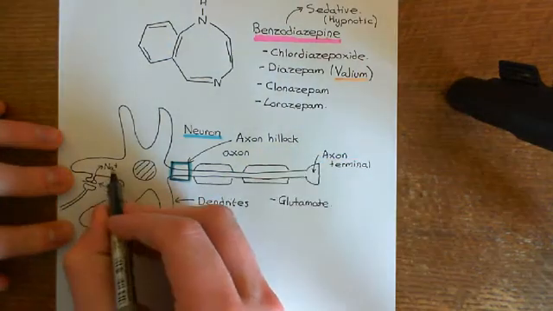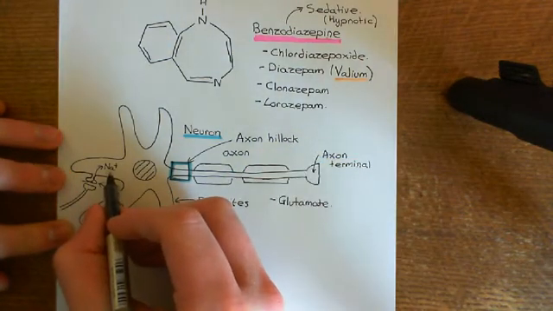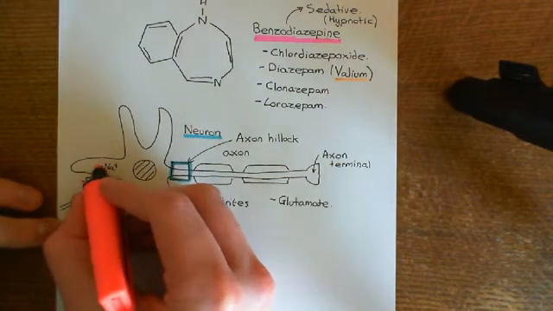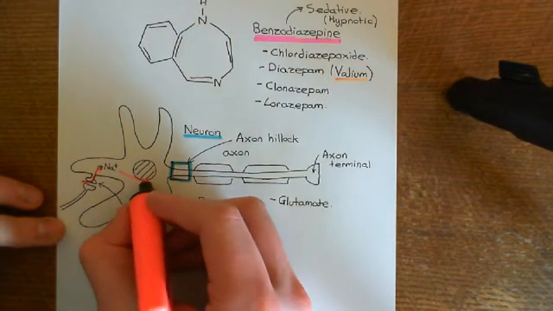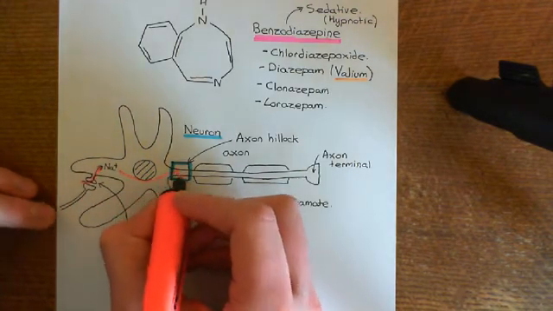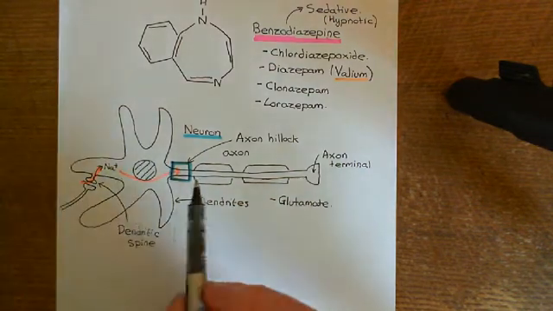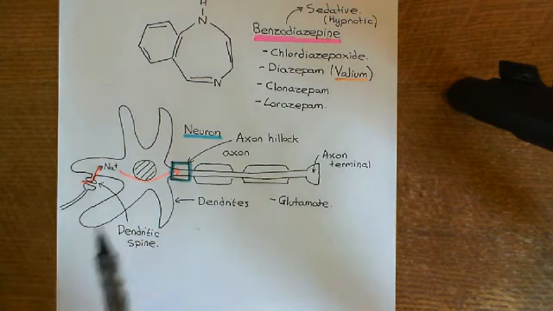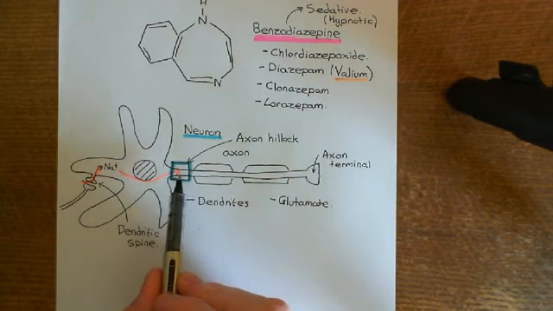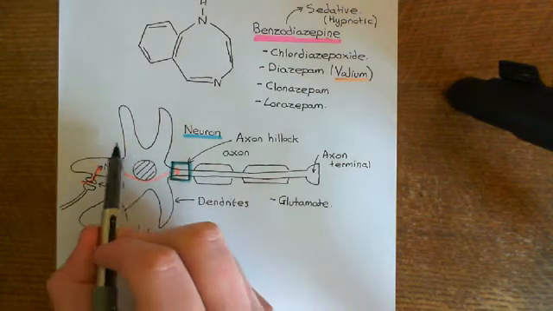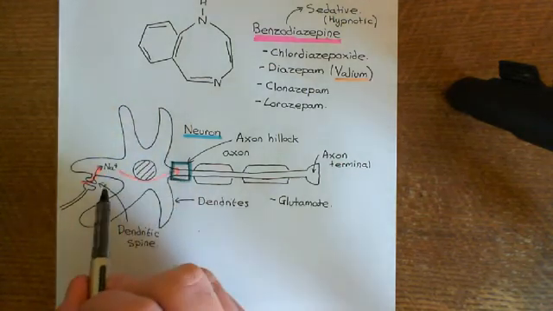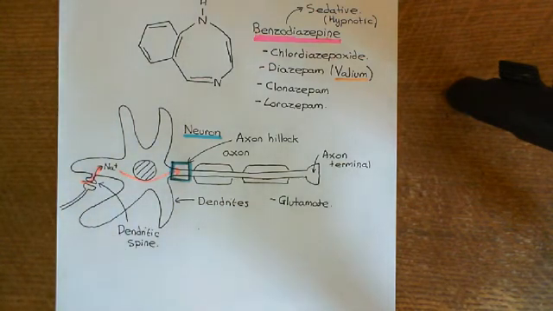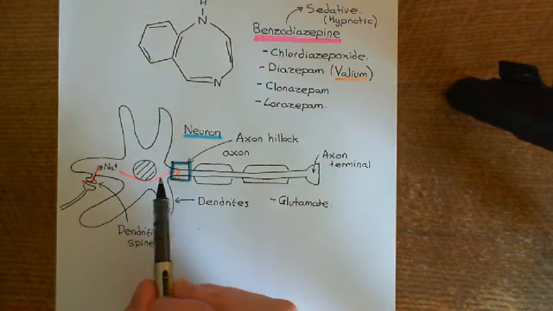And what's going to happen is the sodium ions that are coming in due to glutamate all over the dendrites of this neuron are going to diffuse over, or at least a little bit of them is going to diffuse over to the axon hillock, and is going to promote the formation of an action potential at the axon hillock. So positively charged ions are going to promote the formation of an action potential. You're going to be getting positively charged ions coming in from all over the place from these synapses where glutamate has been released onto this neuron, and those are going to be promoting action potentials.